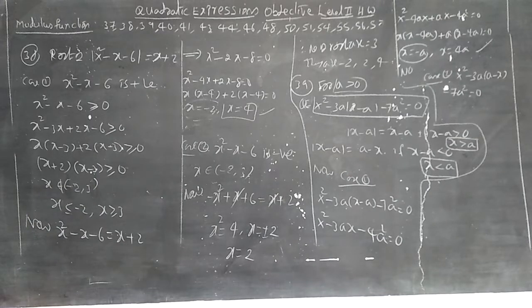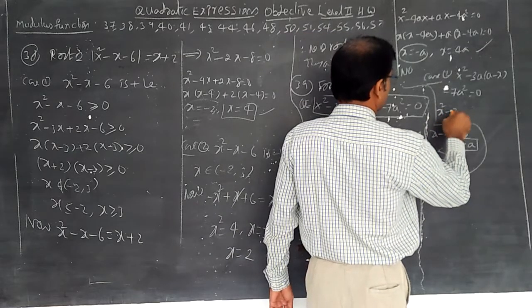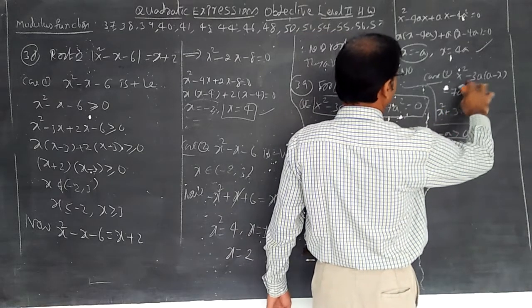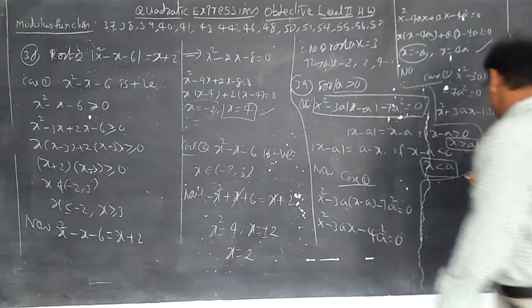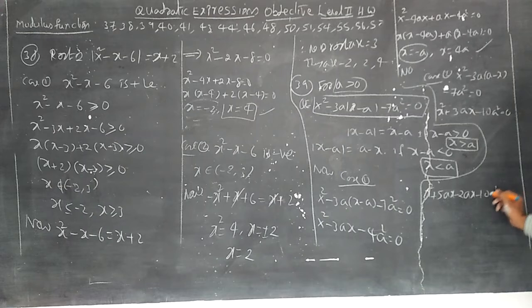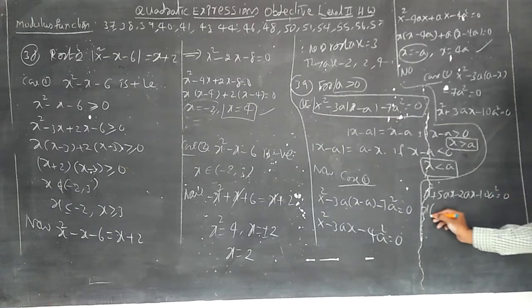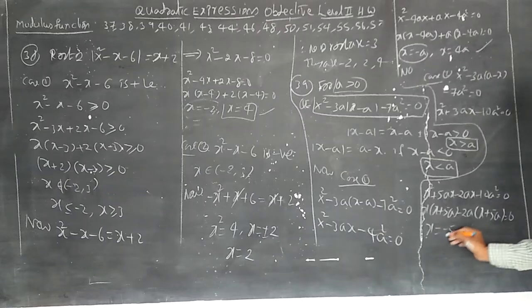So x square minus 3a square, x square we can write here plus 3ax minus 3a square minus 7a square becomes minus 10a square equal to 0. So x square plus 5ax minus 2ax minus 10a square is equal to 0. x taken common, x plus 5a; minus 2a taken common, x plus 5a is equal to 0. So x is equal to minus 5a, x is equal to 2a.